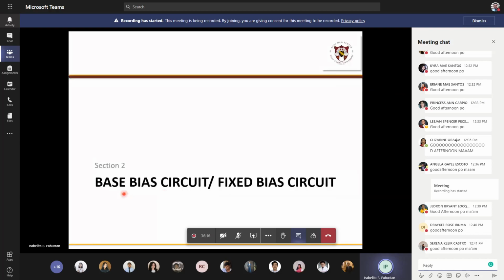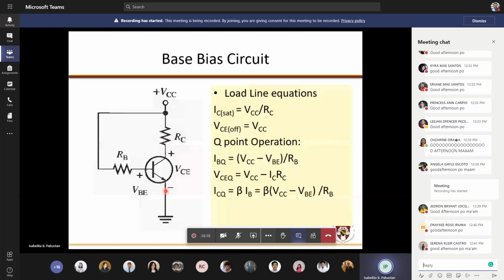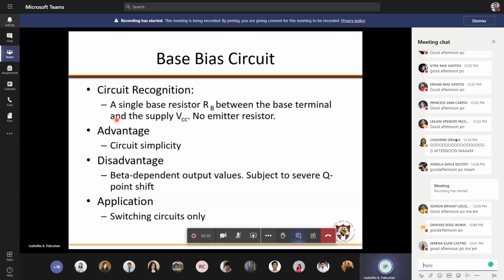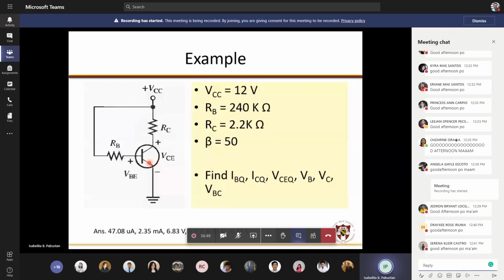So this is the base bias circuit or the fixed bias circuit. So, tingnan muna natin ito, circuit recognition. How are you going to identify? Kasi ang daming bias configurations. So, a single base resistor RB between the base terminal and the VCC, and there is no emitter resistor. Okay?